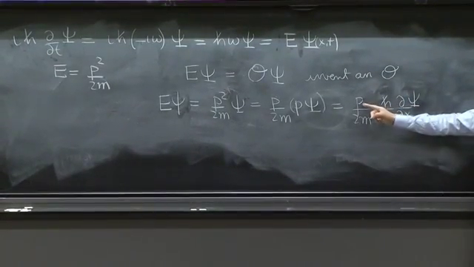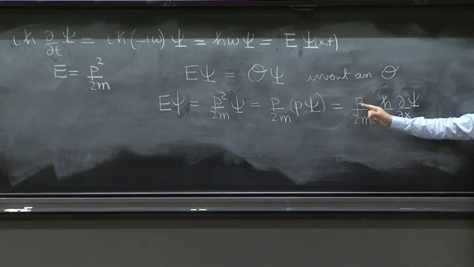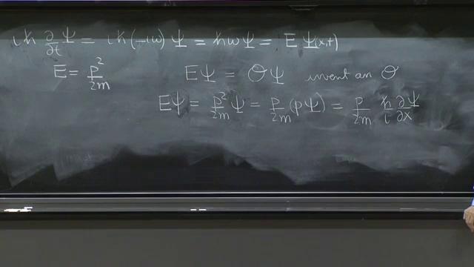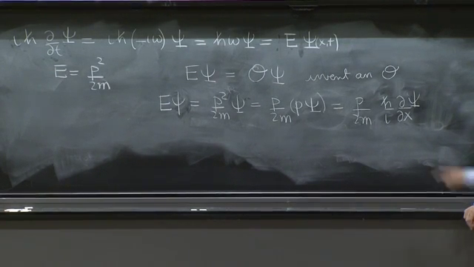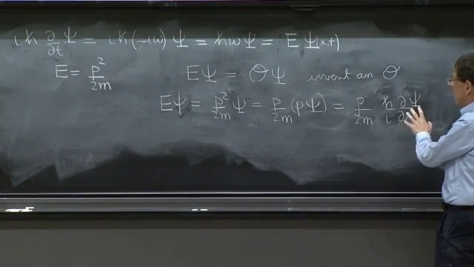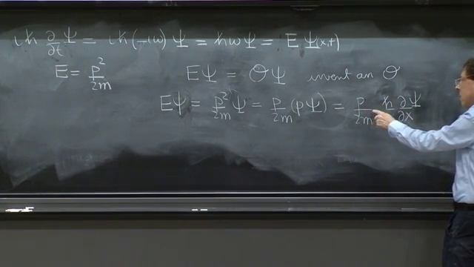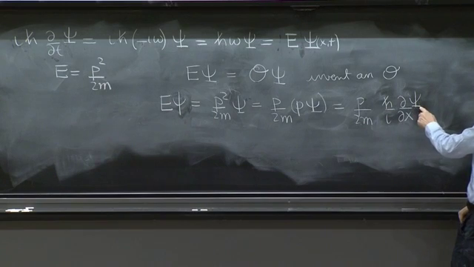Now, the question is, can I move this p close to the psi? Opinions? Yes, because it's just a constant. Correct. p is a constant. p hat is not a constant. Derivatives are not, but p at this moment is a number. So it doesn't care about the derivatives and it goes in.